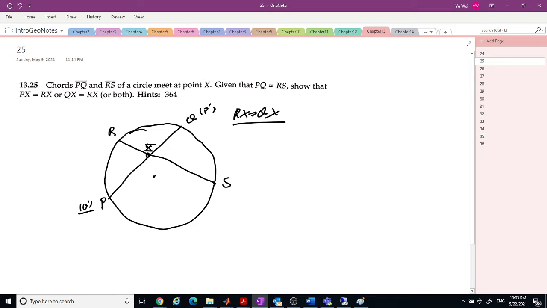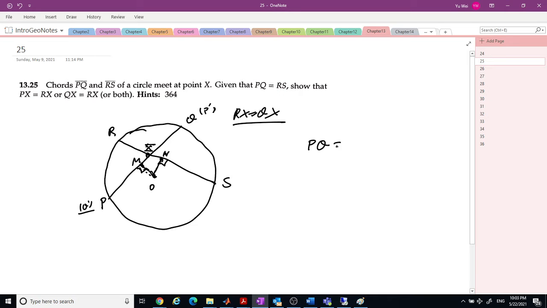Now let's see the center O, okay? So now let's drop the height from the center O to the two equal chords, okay? So now let's see, this is M and N, right? From the center to the chord, it's perpendicular, it's just the perpendicular bisector of the chord PQ.